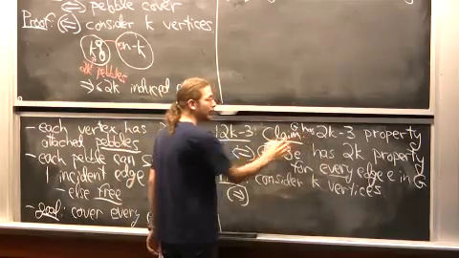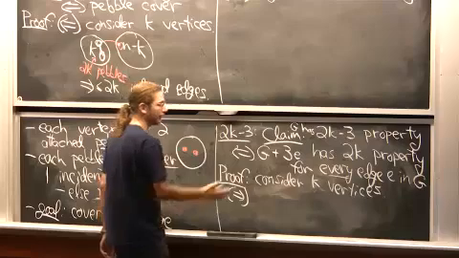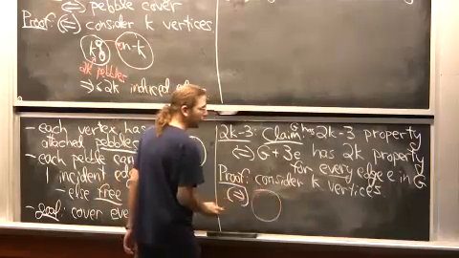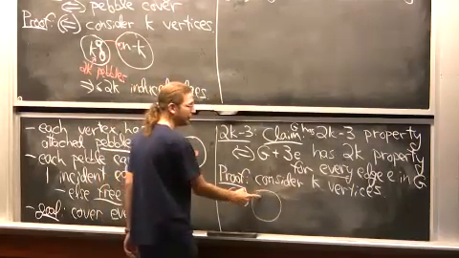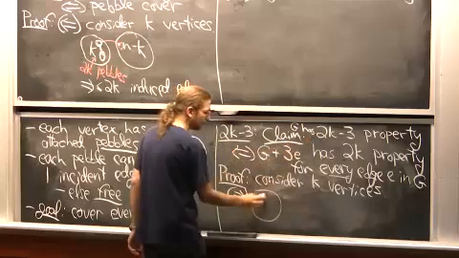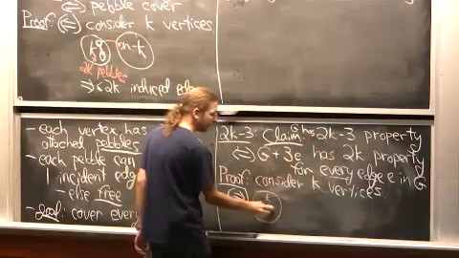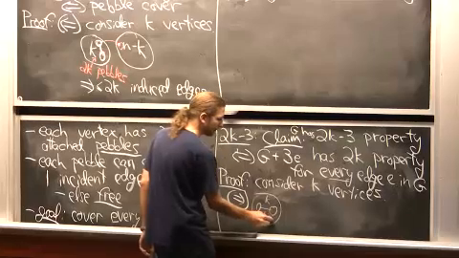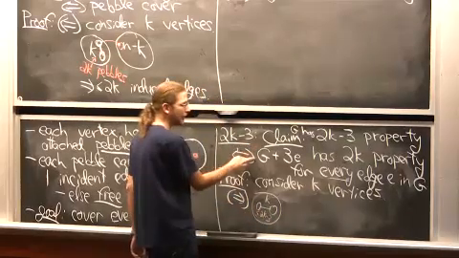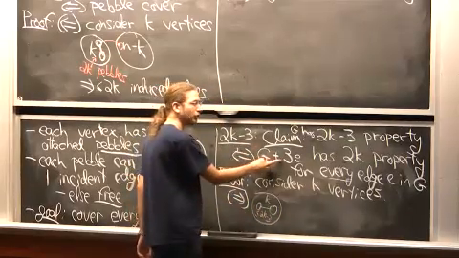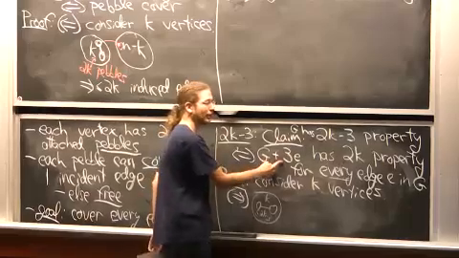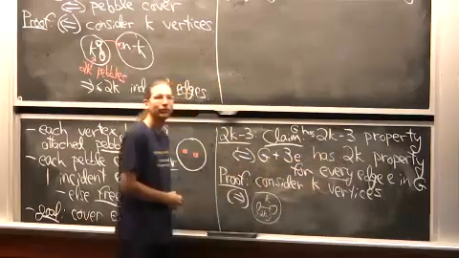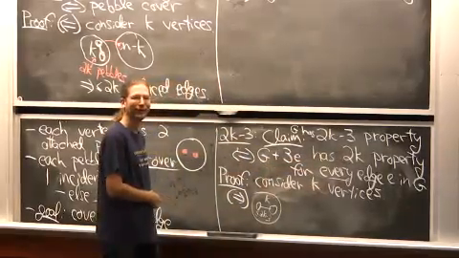Suppose G has the 2k minus 3 property. So if I have k vertices here, I know that the number of edges in here is at most 2k minus 3. So here's k vertices. Looking at the number of induced edges, it's going to be at most 2k minus 3. What I'm claiming is then if I quadruple an edge, if I add 3 new edges, I have at most 2k edges afterwards. I think that's pretty clear.